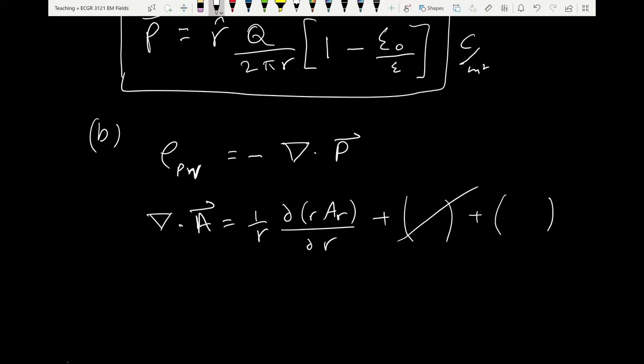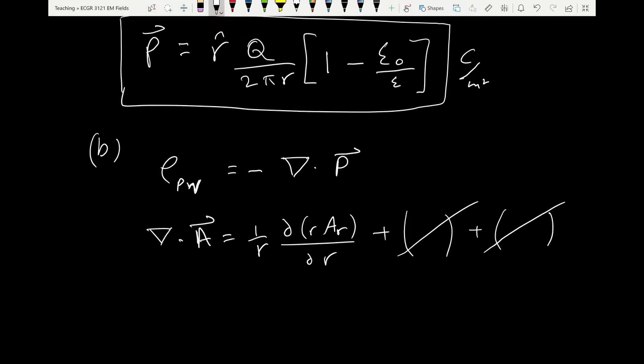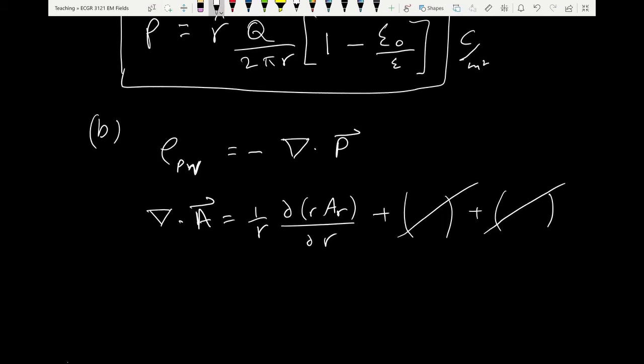But those terms will be zero. Why? Because as you notice here, P is not dependent on phi or z, right? So we don't need to care about those terms. We can find the divergence directly.